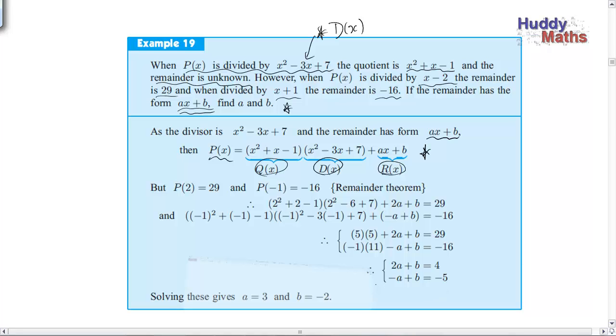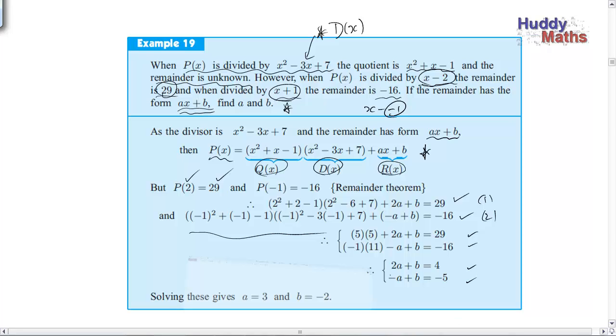The remainder on division by x take 2 is 29, so that means p of 2 is 29, subbing it in there has to equal 29, and the other one has to equal, subbing in neg 1 for the division of x plus 1. Remember, x plus 1 is treated as x take neg 1, so that's your k value in this context. So subbing it in, we get equation 1 and equation 2.